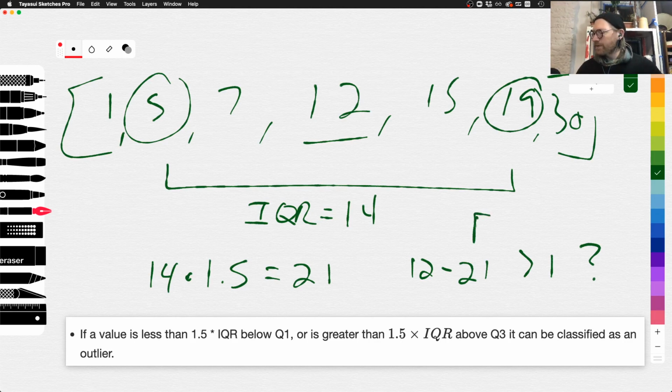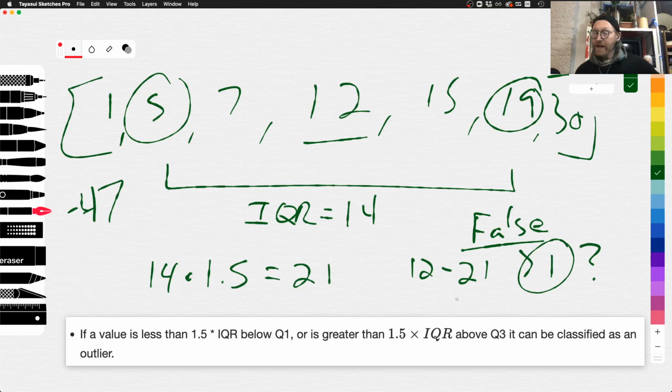No, this is false. So that means that 1 is not an outlier. Now if we had a value down here on the low end that's negative 47, right? We could see pretty clearly that negative 47 would be an outlier in this case.